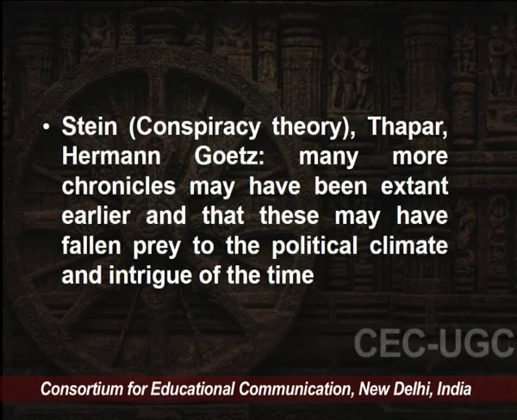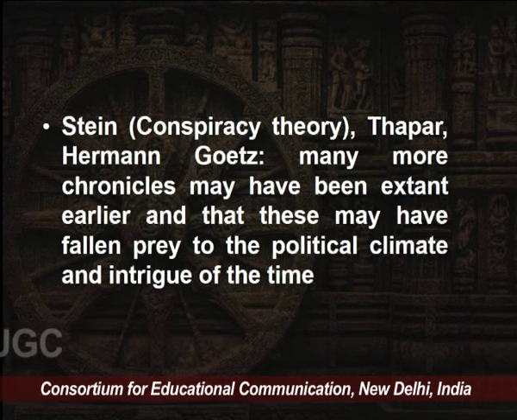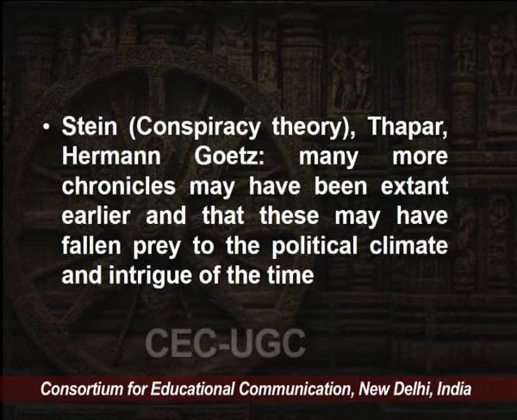And this is something that you can get in the writings of Stein as well. Many more chronicles may have been extant earlier than those that have fallen prey to the political climate and intrigue of the time. So, that is known as the conspiracy theory that Stein talks of, that several court poets might not have brought out the genealogies and historical documents that they were aware of, and Kalhana's Rajatarangini digs into that, and that is why it is important. So, they did not bring that into limelight because of the politics, because of the legitimacy issue, because of the service that they were doing of their rulers, because that could have compromised the legitimacy source of their rulers and so forth.